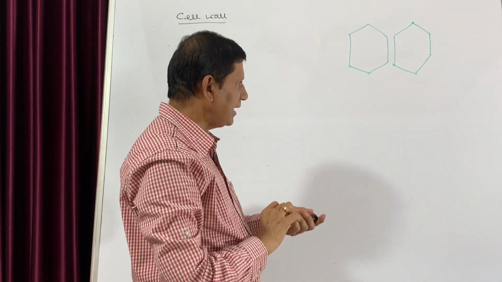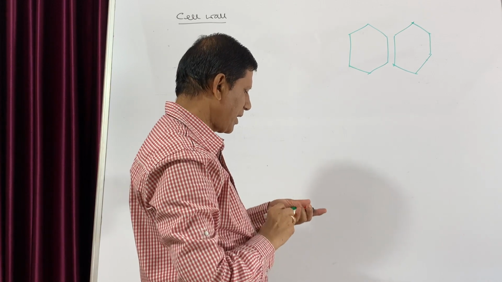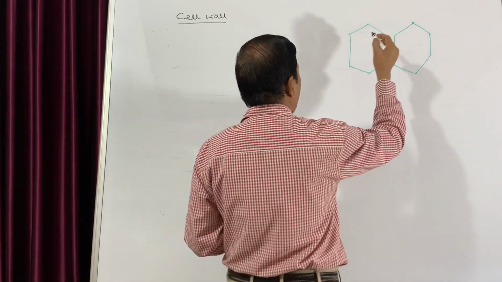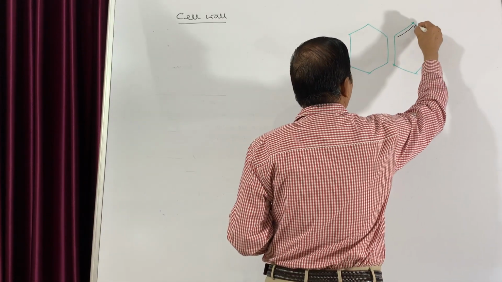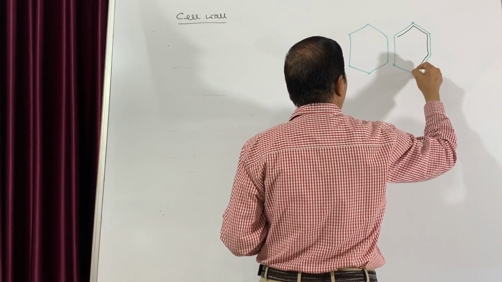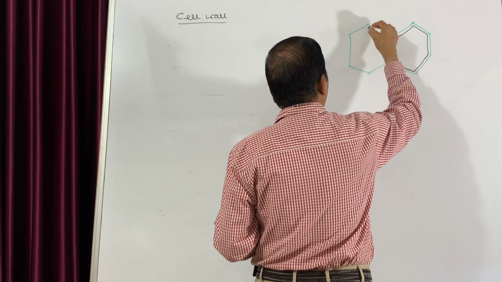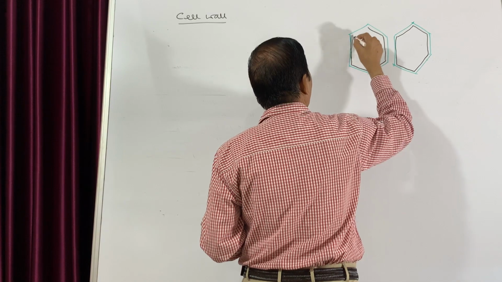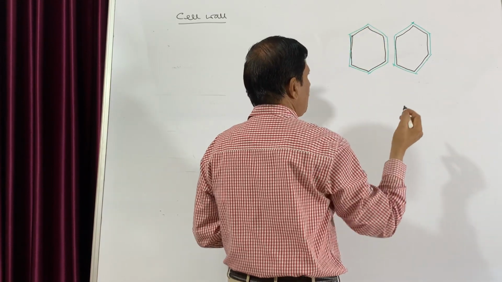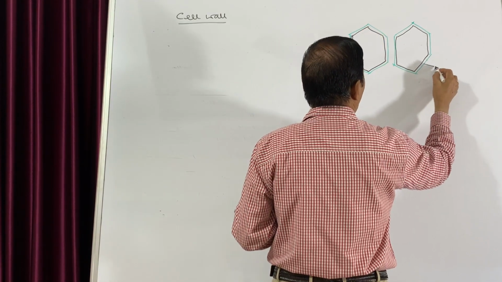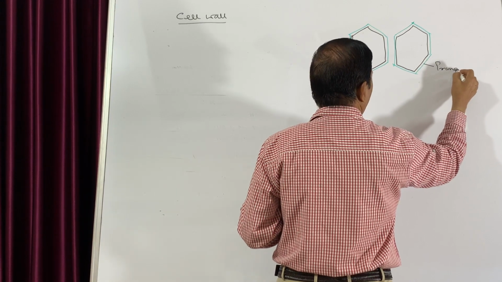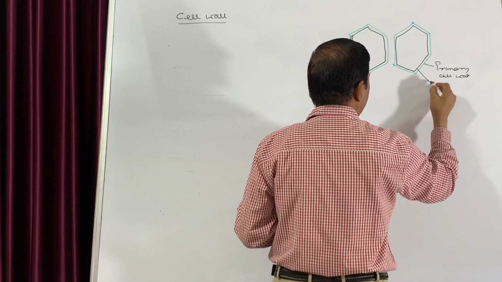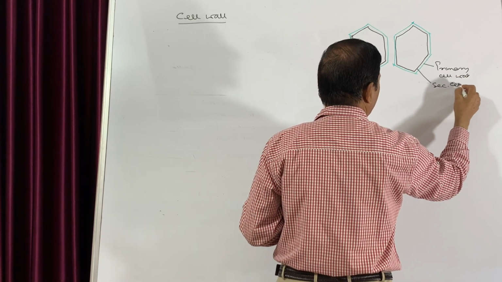Now this layer is known as the primary layer, and inner to the primary wall there is the secondary wall. This is the primary cell wall, and this is the secondary cell wall.